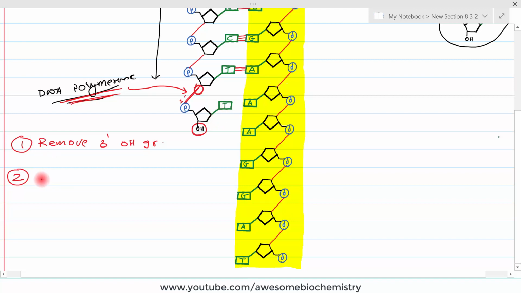So you can put in another sugar, for example, arabinose. Okay, this arabinose is structurally similar to this deoxyribose sugar, but this arabinose is an oxy sugar. It has an OH group on the 2' position also, but it is flipped to the upper direction. So you can replace this 2' deoxyribose sugar with the arabinose sugar.